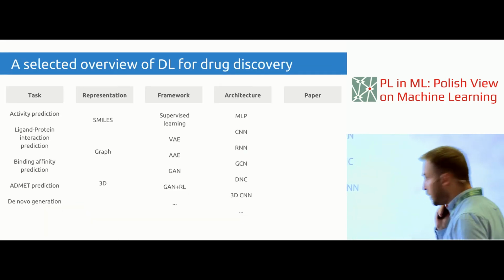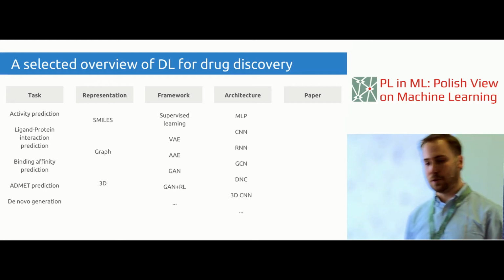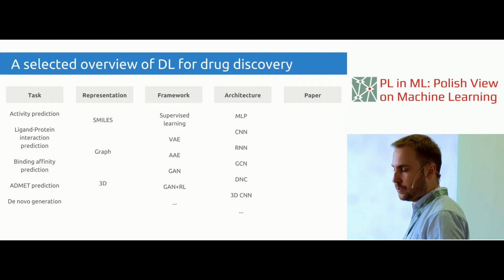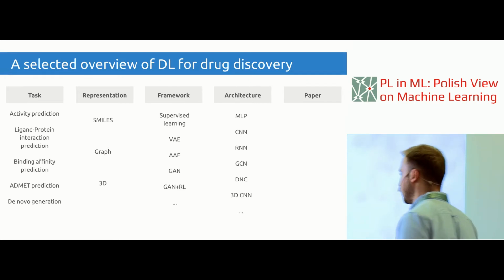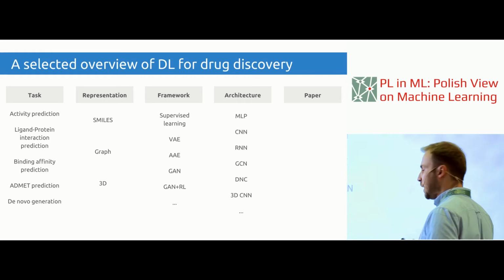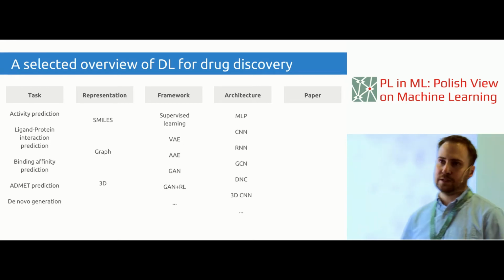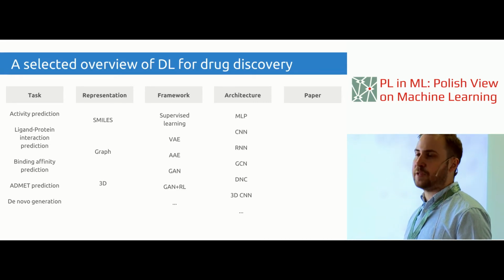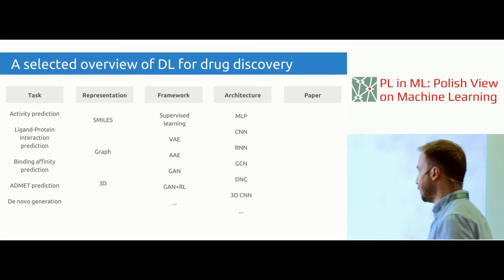Okay, on this slide, I would like to show you how you can think about doing research in drug discovery. By doing research, I mean, of course, doing deep learning research. So at the beginning, you need to select one or maybe more tasks that you would like to solve. And you must decide on a specific representation that you'll be using.